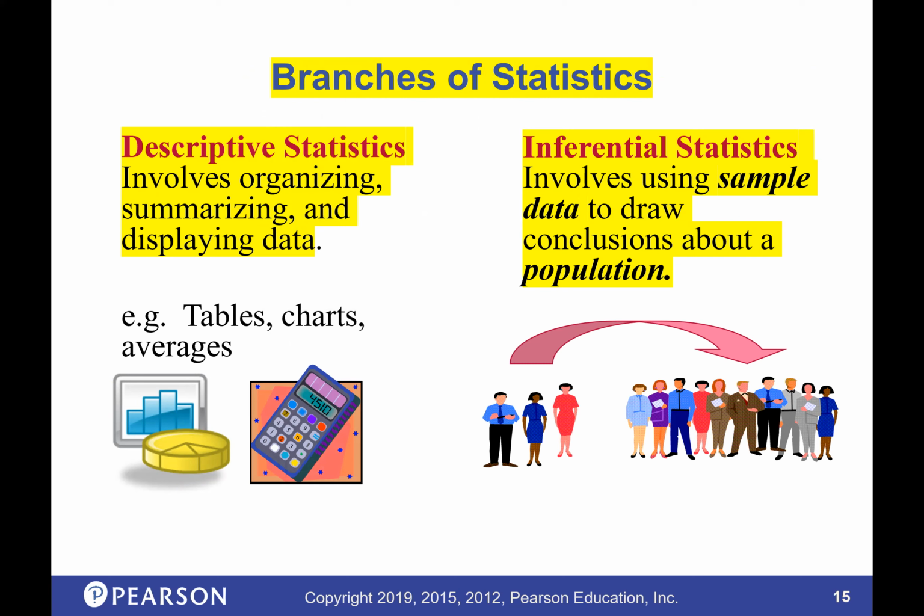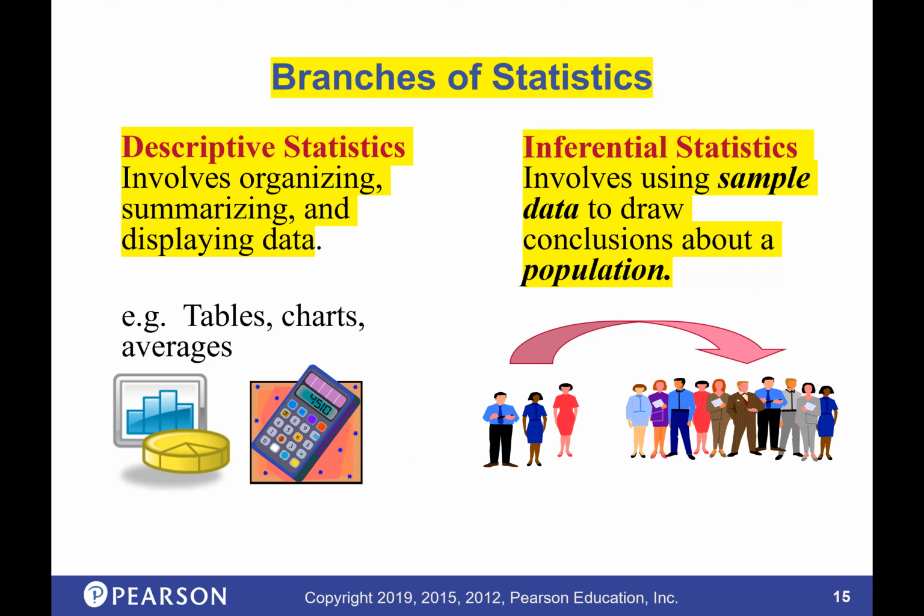If you turn to the contents of your stats book, chapters 1 and 2 are descriptive statistics. Then chapters 3, 4, and 5 in your book are called probability. It's a little bit similar to descriptive statistics, just takes it a little bit beyond that.